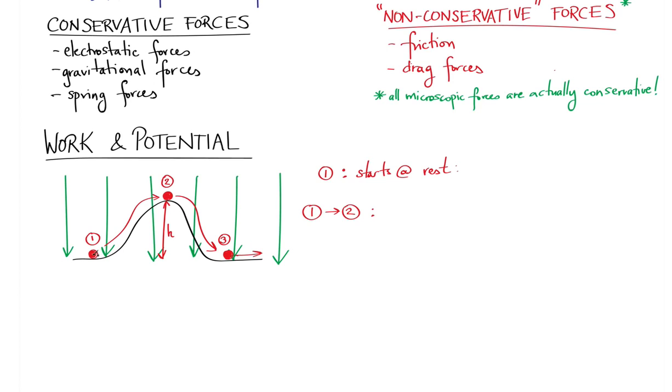We have to do some positive amount of work to push this thing up the hill. So let me write it like this: the work in going from 1 to 2, done by us. I'll write "us" up here, just so it's clear what's going on. We're doing some positive work to push this rock up the hill.